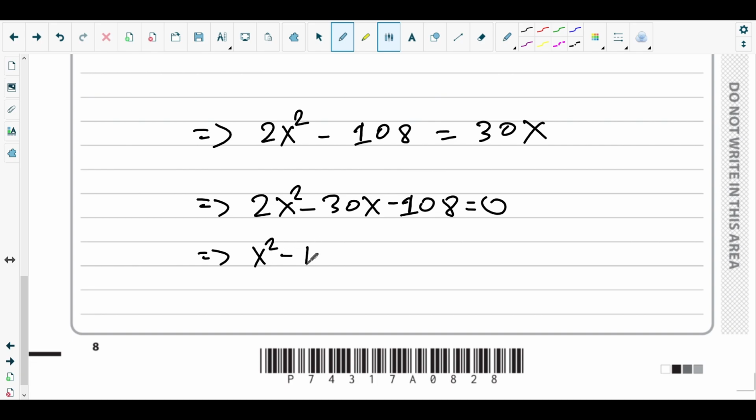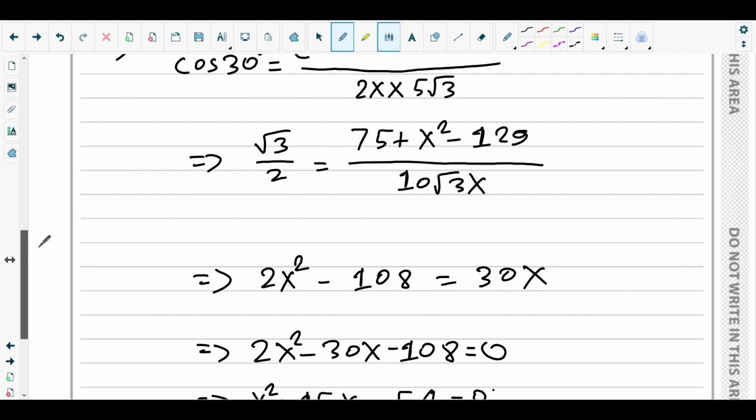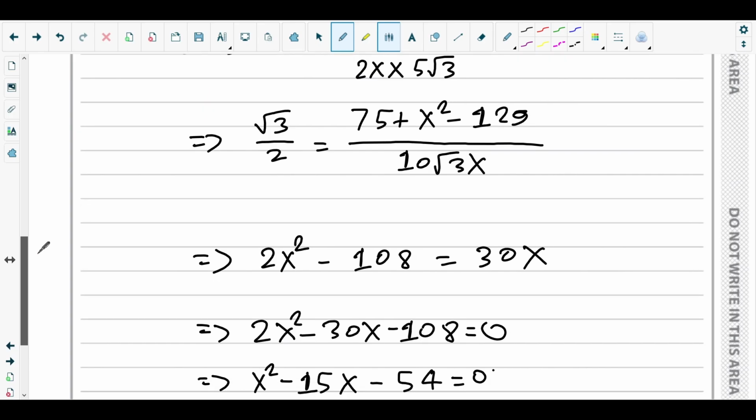x squared minus 15x minus 54 equals what? 0. Now what can you write here? x minus 6 times 9, that is 54, and 6 plus 9 is basically 15. Wait, it is negative, but I think the middle term is not possible here.